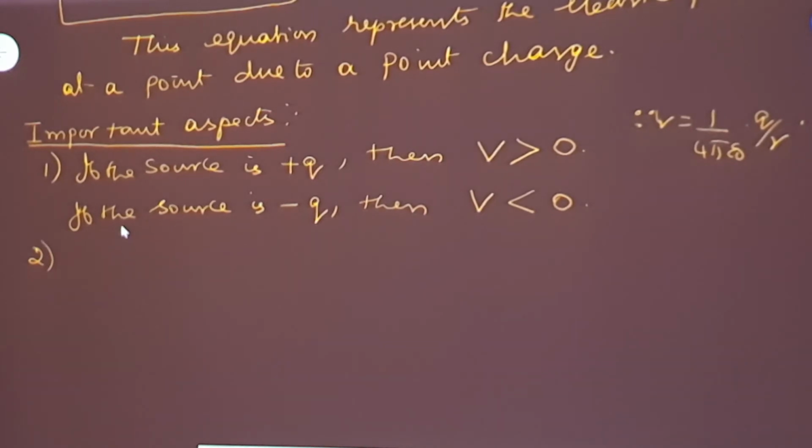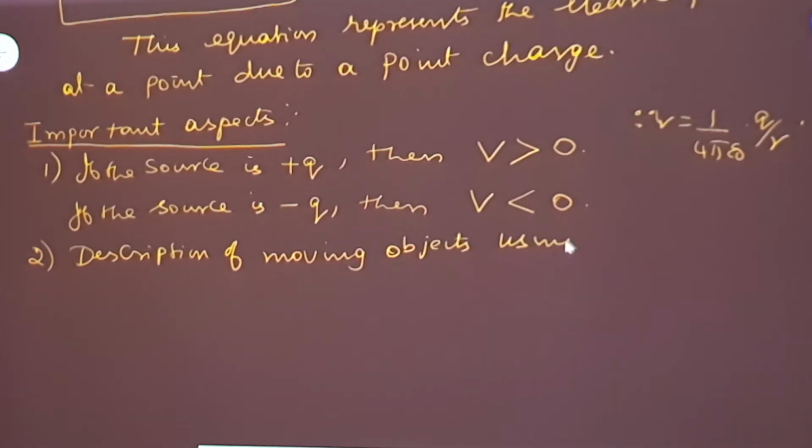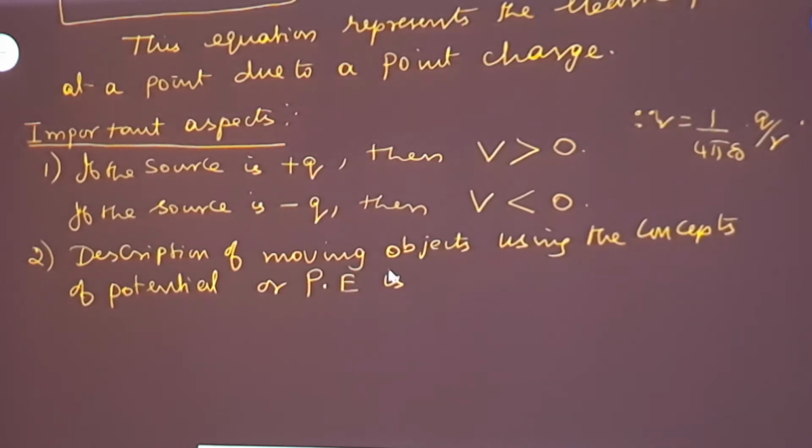That is the second important aspect: description of the motion of objects using the concept of potential or potential energy is found to be simpler than electric field. That is the second point.